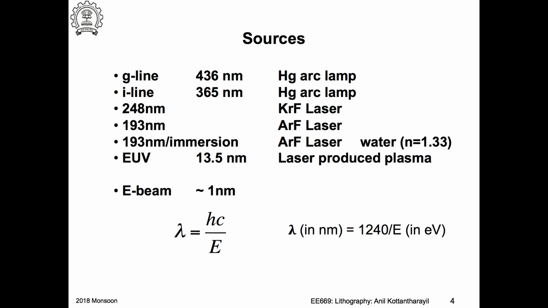The next, maybe this may come into the picture, is extreme UV, where the wavelength is very small. And then of course, E-beam is very widely used for small volume production, making masks, and also for R&D purposes. So why is the wavelength important?